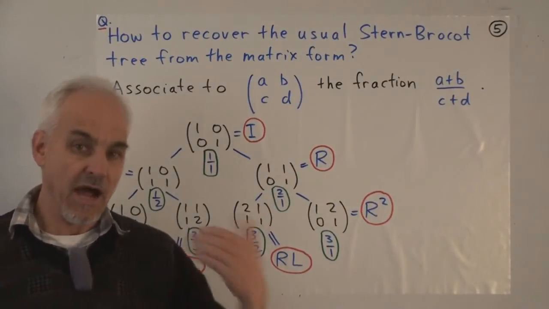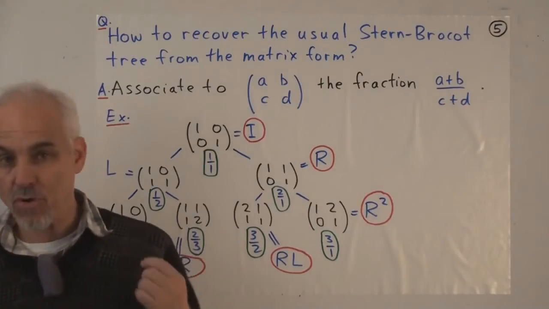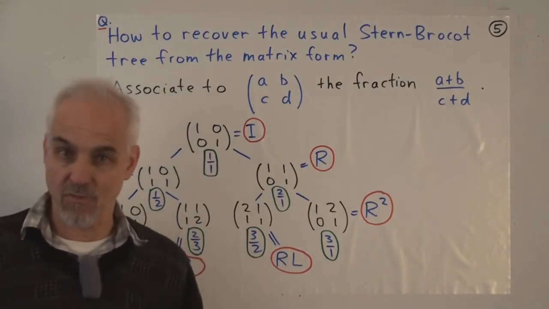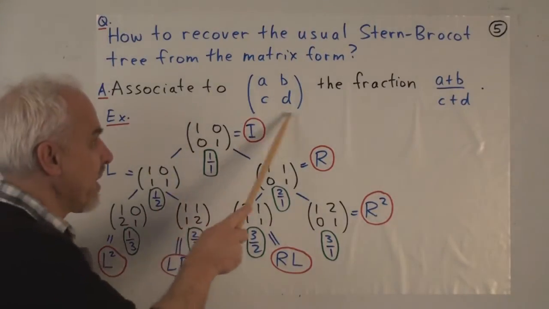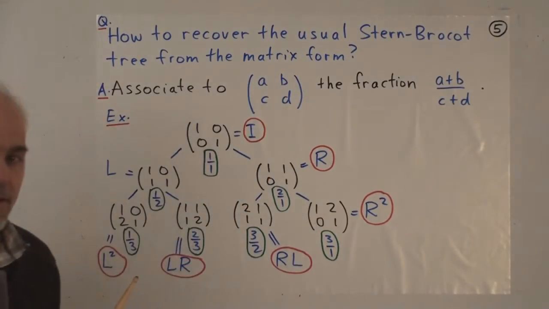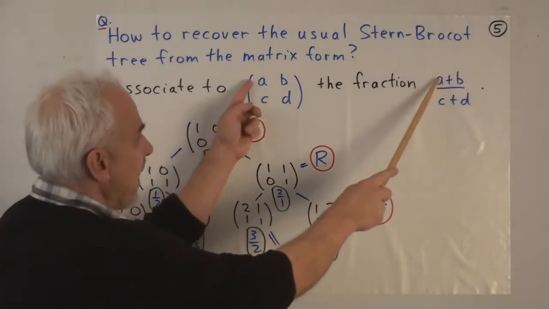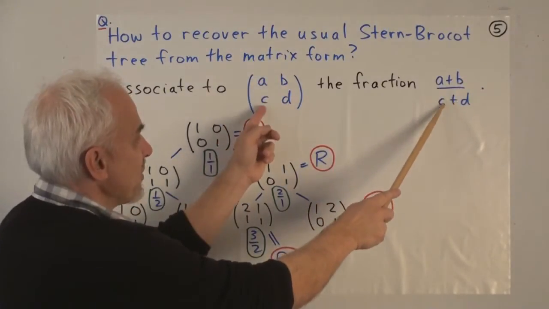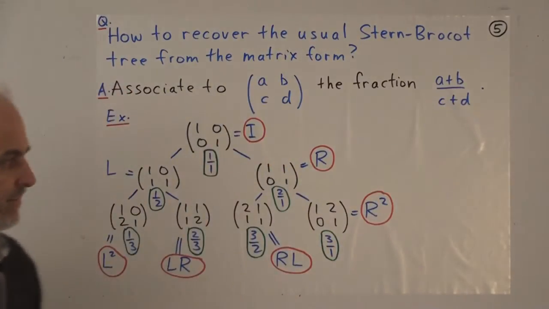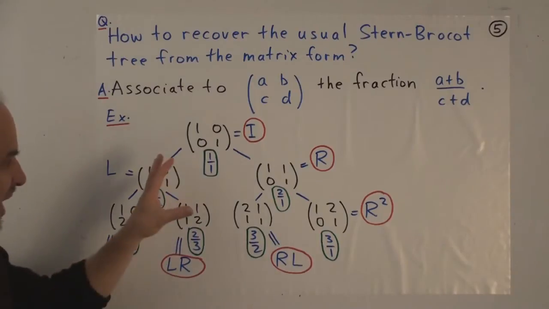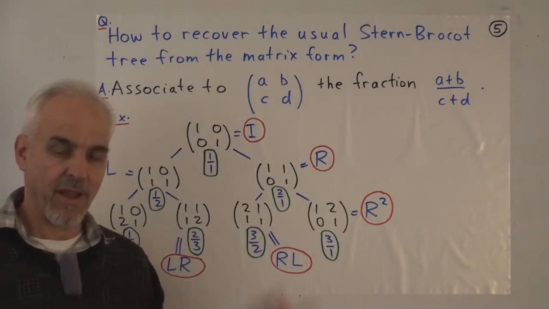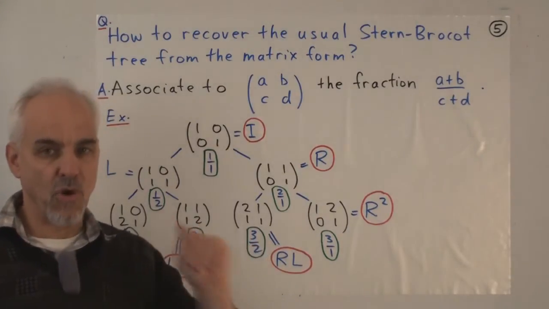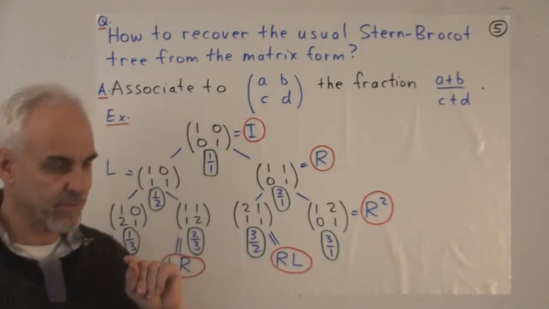Okay, but how do we recover the original Stern-Brocot tree from this matrix form? What we do is we associate to the matrix A, B, C, D the fraction (A+B)/(C+D). When we do that, we can replace each of the matrices with a fraction, and then we get exactly the Stern-Brocot tree that we started with.